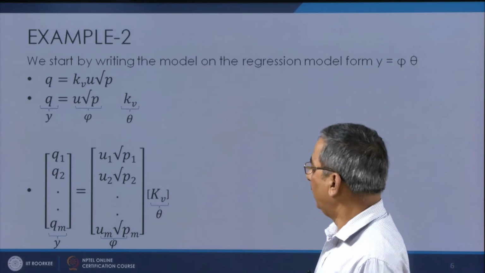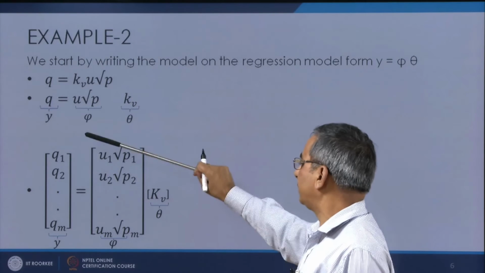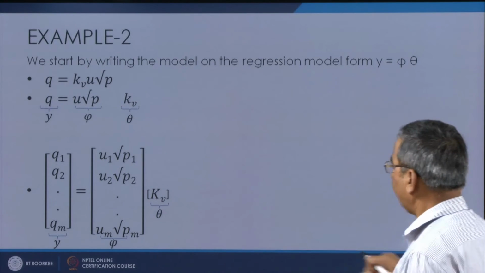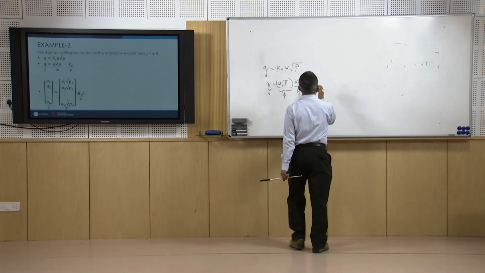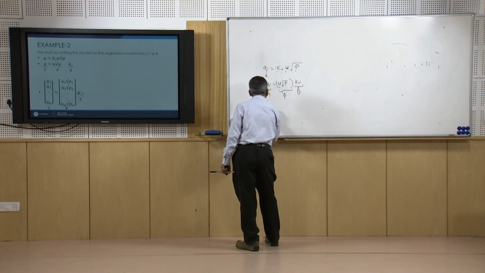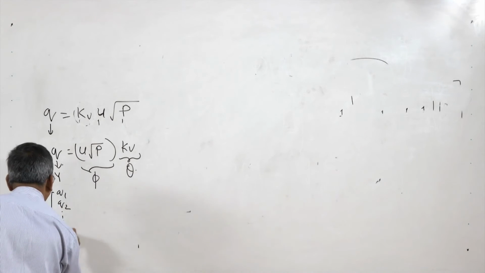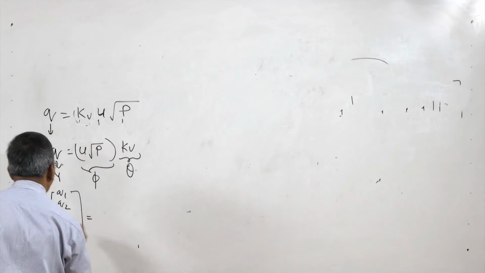Okay. I know m such values. So I can write these expressions for each value, up to m such values. So what will be my expression? My expression will be basically q1, q2, qm. We know these m values.